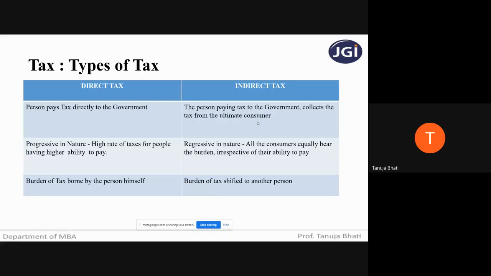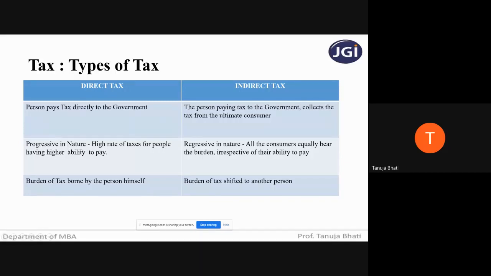That shopkeeper is going to collect the tax from you and give it to the government. So the shopkeeper is just acting as a middleman between the government and the person. So this is indirect tax, where the tax is paid by the person, but indirectly through the shopkeeper to the government.